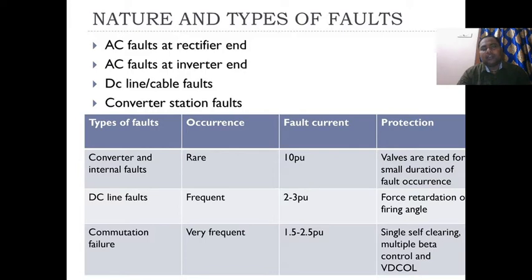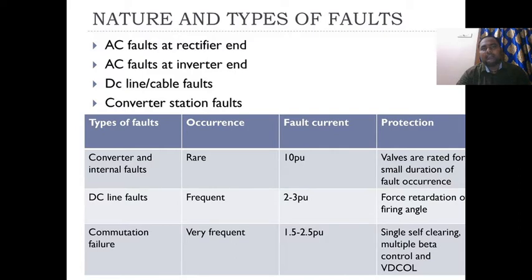Whenever faults occur, we need a lot of switchgear equipment for protection of the system. Normally on the AC side, the switchgear equipment are circuit breakers and relays. The purpose of the circuit breaker is that whenever a fault occurs, the relay senses the fault and the circuit breaker trips, so that the entire section is disconnected from the main section and we protect the equipment.